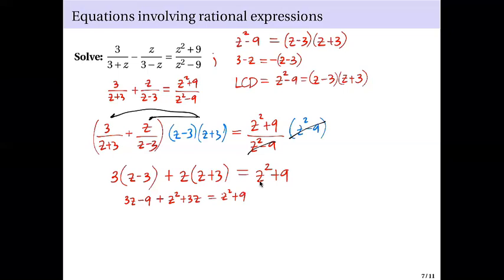So notice this z squared here will cancel the z squared here. So z squared is on both sides of the equation. Both of them have the same coefficient, positive 1, positive 1. So they can just cancel each other.